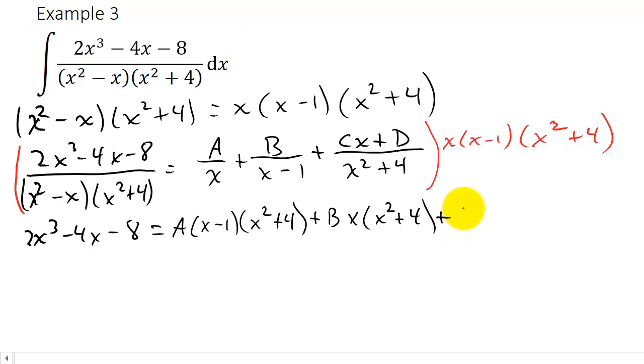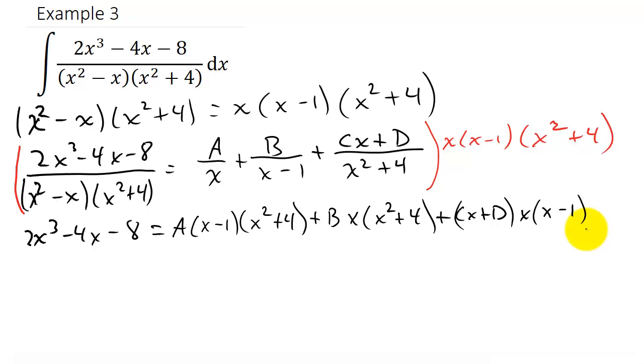So that's going to be plus cx plus d times x times x minus 1. I don't have to put that in parentheses. Alright, so now we need to try to figure out what a, b, c, and d are. The a, the b, the c, and the d. So I can plug them in here.